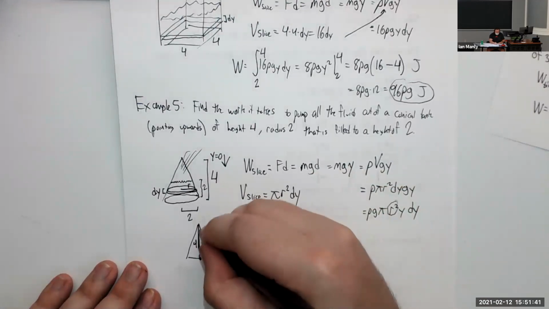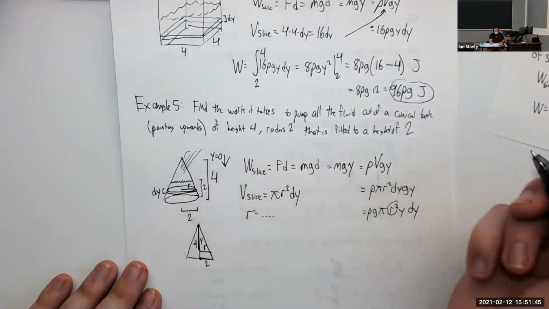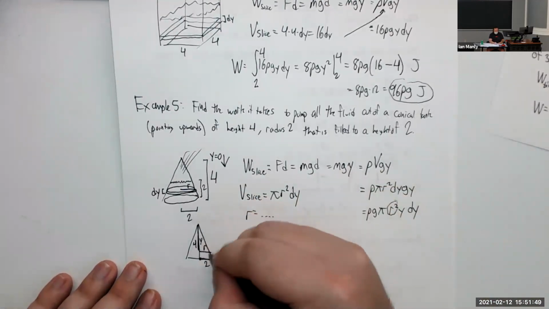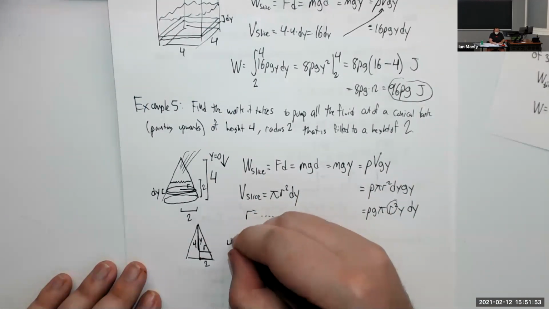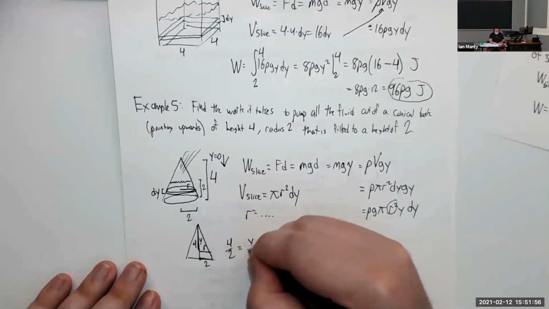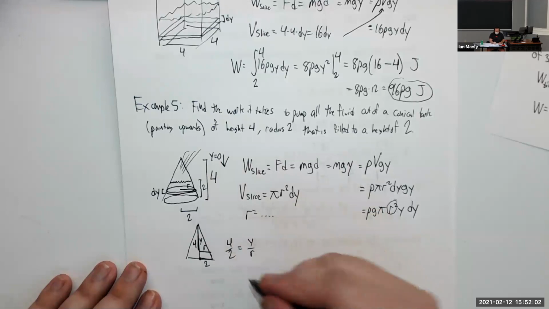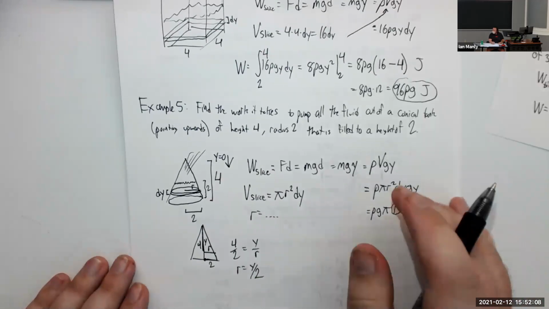This is going to have a distance y from the top, and it's going to have a radius r right here. Since these are similar triangles, this bigger half triangle and the smaller half triangle, we know that 4 over 2 is y over r. So we can cross multiply here, and we get that r is going to be y over 2.